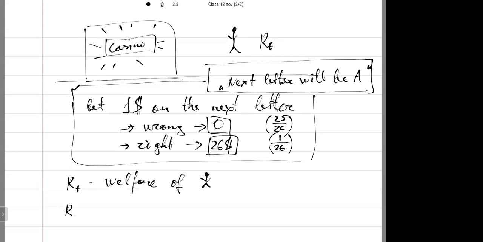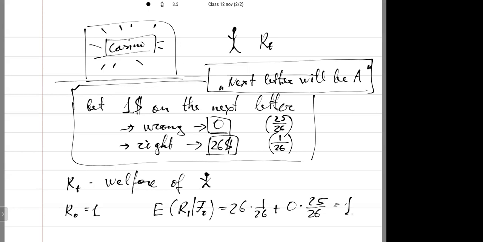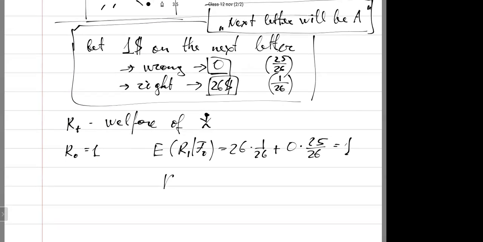Let's imagine he enters our casino with $1. What will be the expected value of R1 given F0? He may win $26, but with probability 1/26. He may lose everything he has, with probability 25/26, and it will give us 1. R1 is a random variable which takes value 26 or 0.